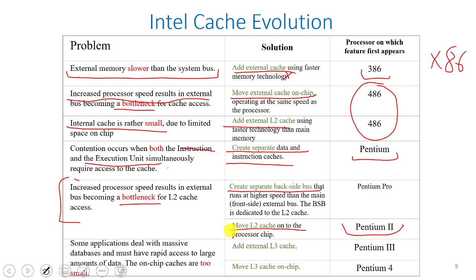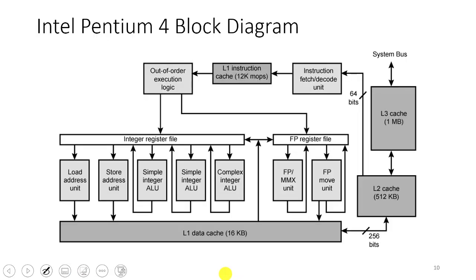Now, in Pentium 2, that means that we have level 1 cache and level 2 cache both on the CPU. Next, some applications deal with massive databases, so we had some problems. So in Pentium 3, they said, okay, create an external level 3 cache, and in Pentium 4, we moved that cache onto the chip. So in Pentium 4, you have 3 caches, and all 3 were on the CPU itself. So we have level 1, level 2, and level 3 caches.